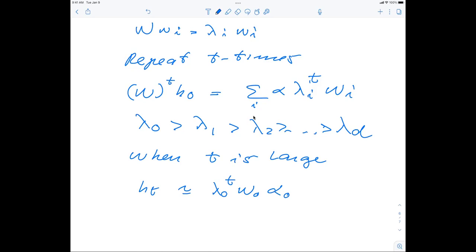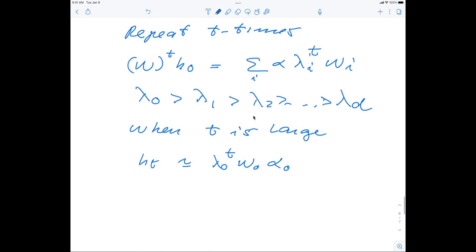So what happens then is that you see now that at the beginning, if this eigenvalue is large, then clearly you will get a very large value for the action of the matrix W on these different hidden layers.